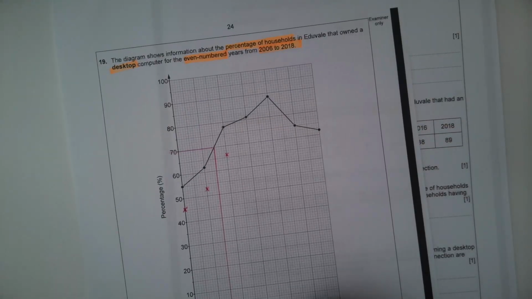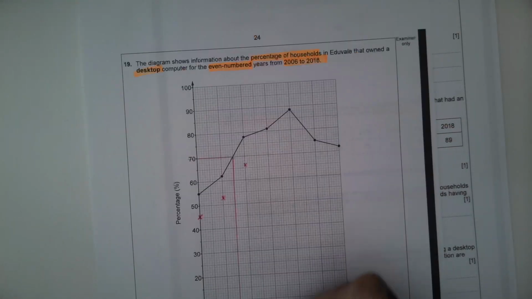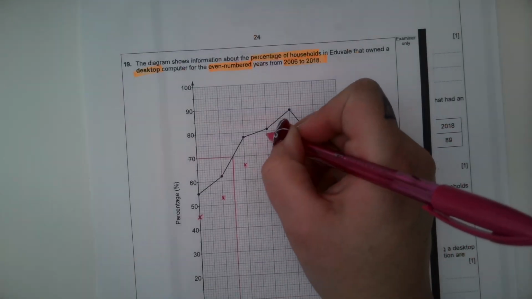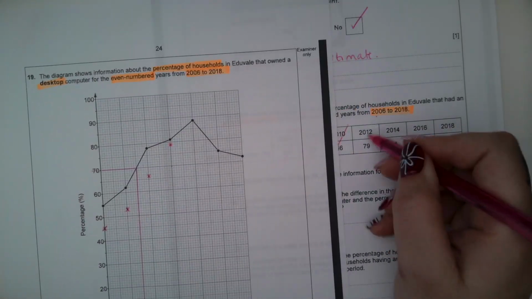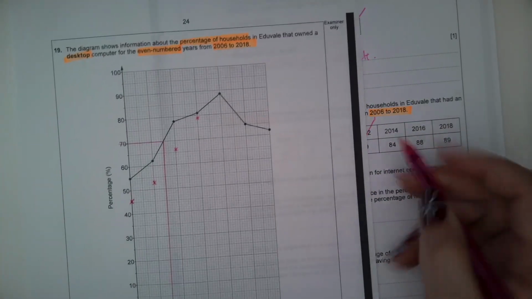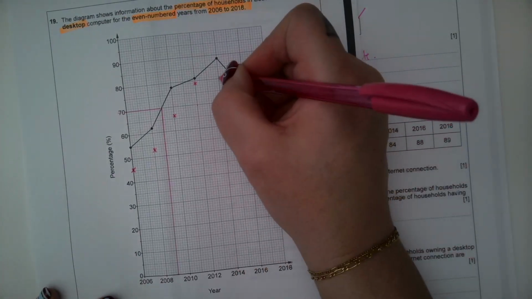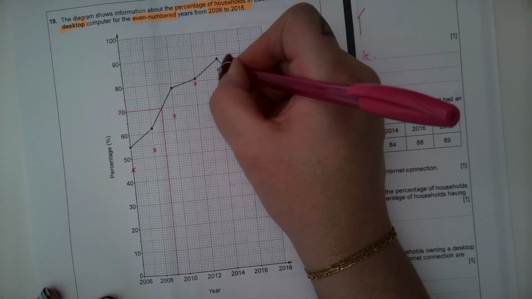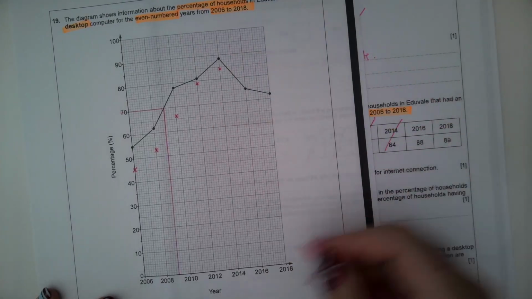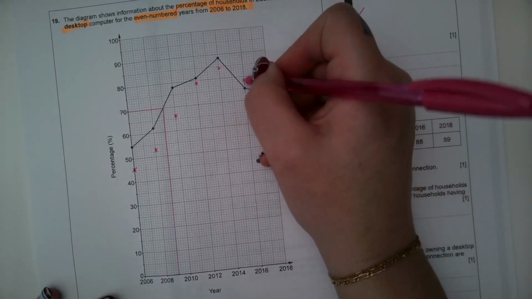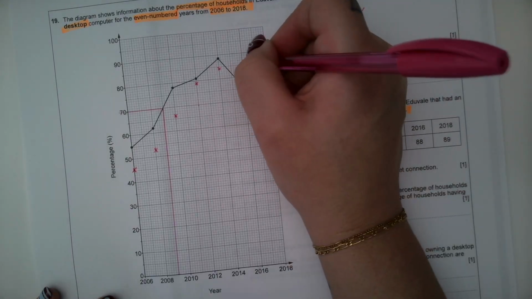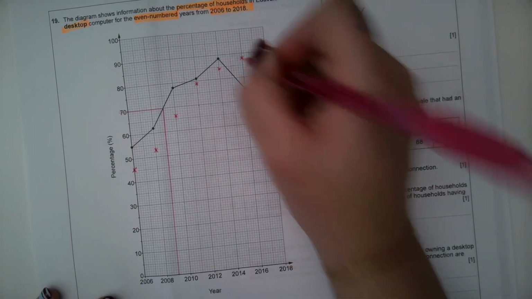2012 to 79. 2014 to 84. 2014. 80, 1, 2, 3, 4. 2016 to 88. 80, 5, 6, 7, 8.